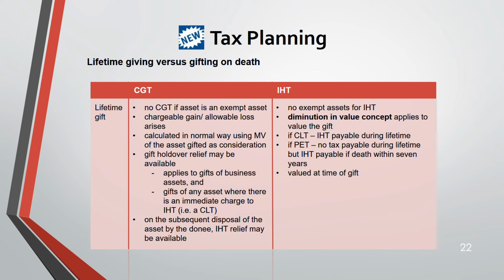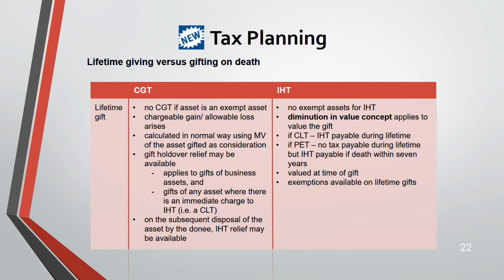Gift holdover relief is applicable. And on the subsequent disposal of the asset by the donee, IHT relief may be available. This is from the point of CGT. For IHT, on the other hand, there are exemptions available on lifetime gifts.